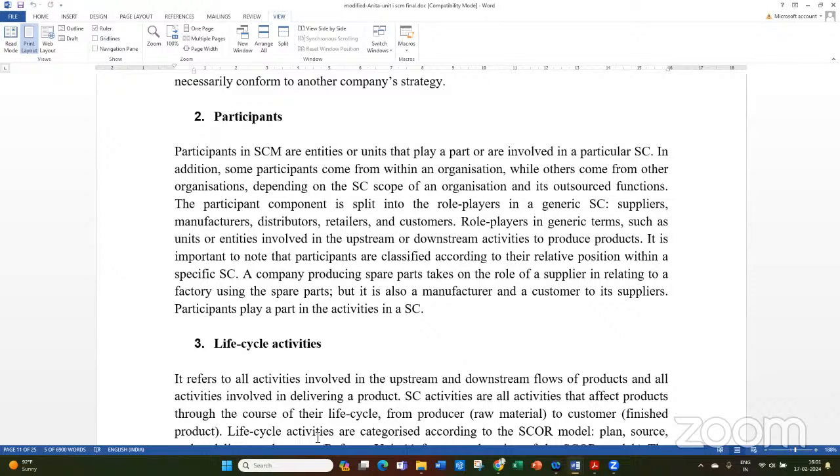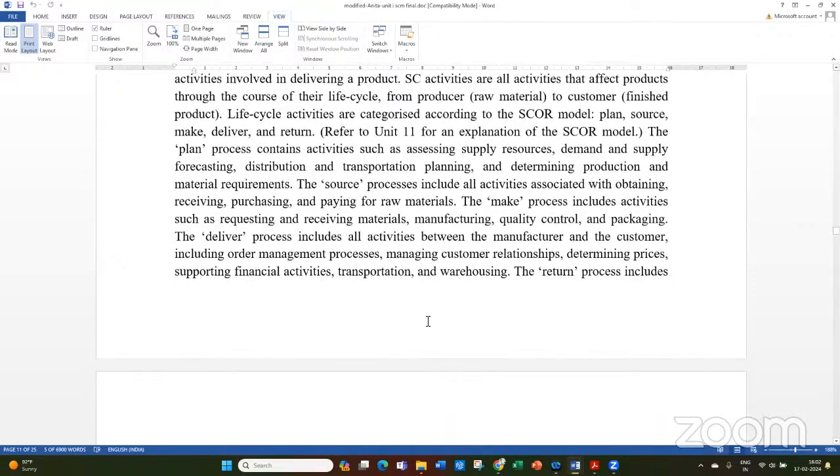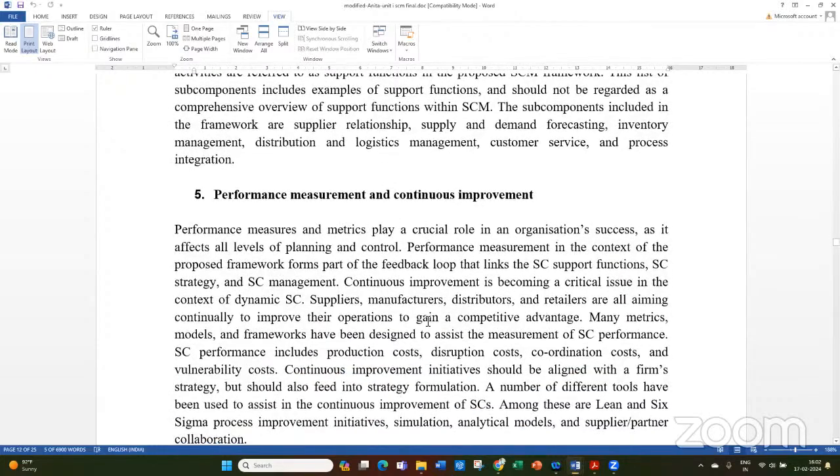Now supposing they compete at this scale, the company, manufacturer and customer, to suppliers and partners, they have supply chain to suppliers. So it is good in different levels for supply chain. Then life cycle activities, because this can support functions.